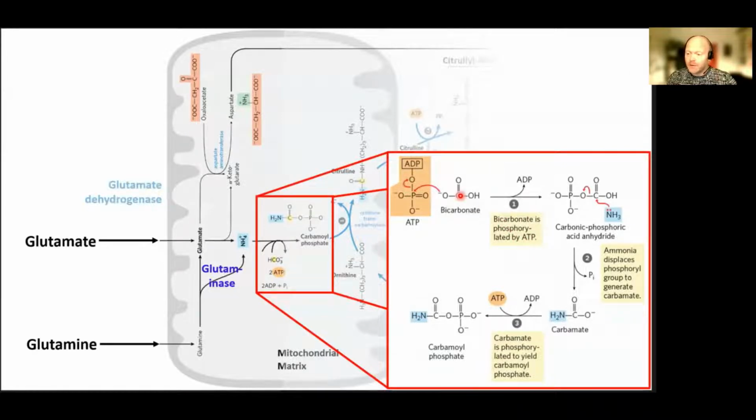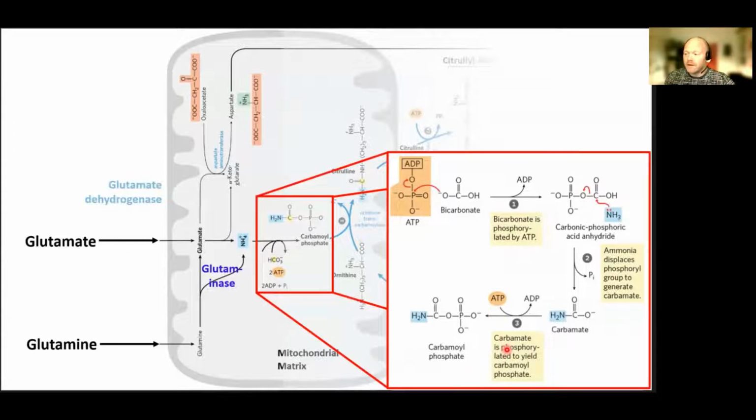In the first step, a phosphate group from ATP is transferred onto the bicarbonate here. This creates a reactive anhydride. This is readily aminated, and the phosphate group is displaced. This creates carbamate. Carbamate is again phosphorylated by ATP to produce carbamoyl phosphate.